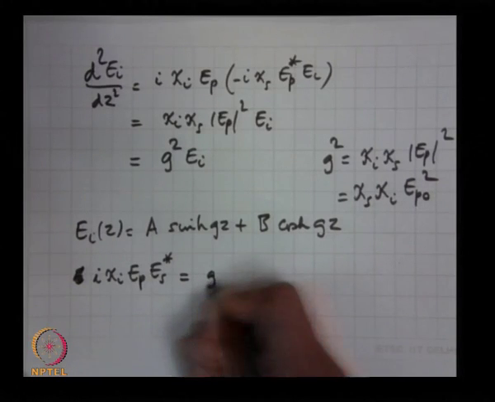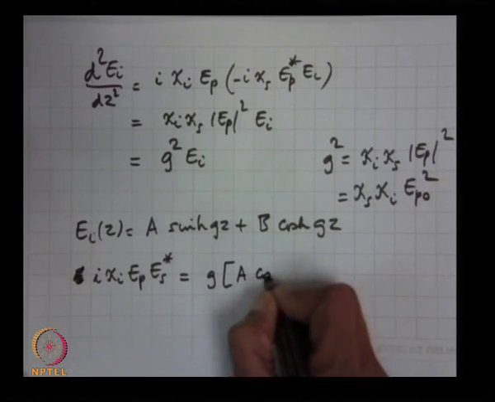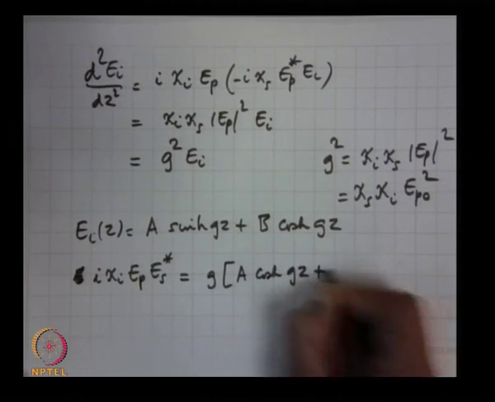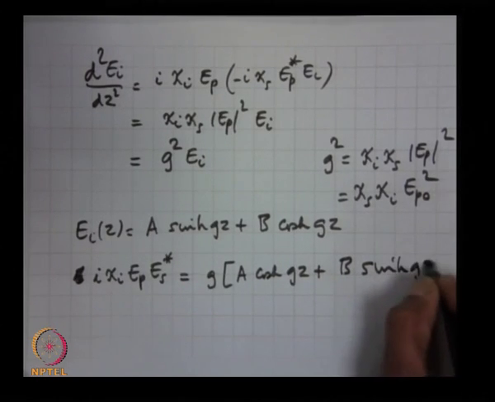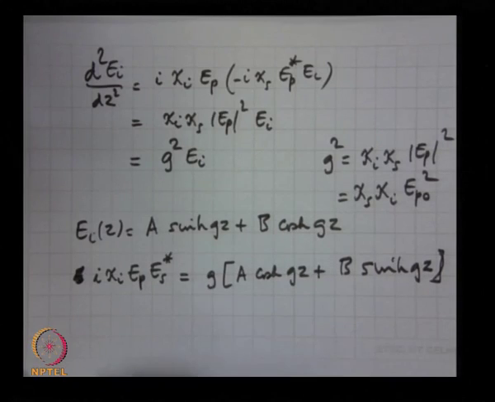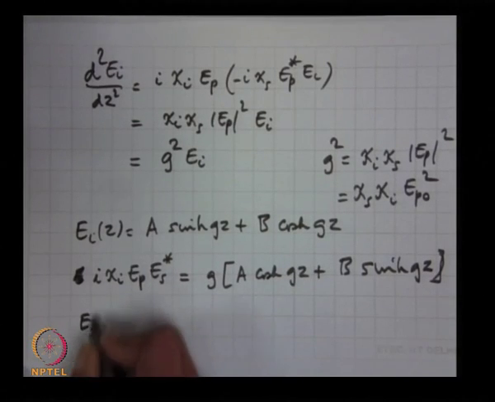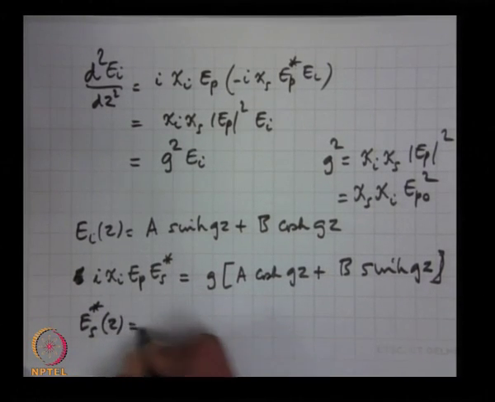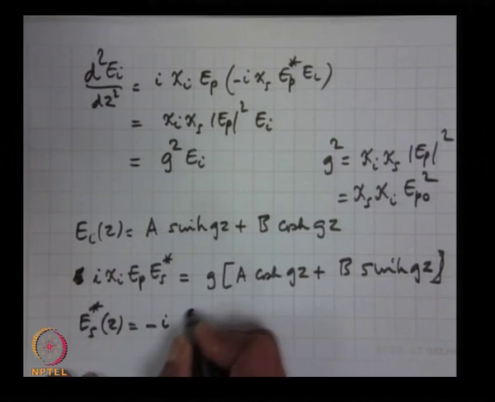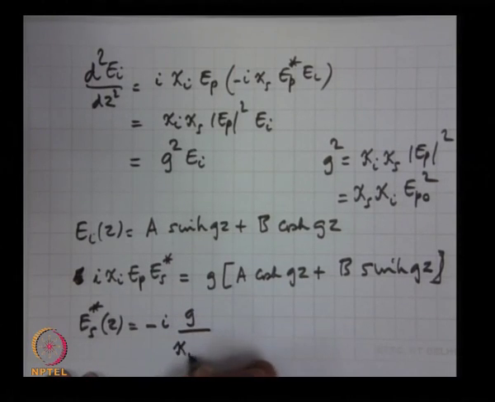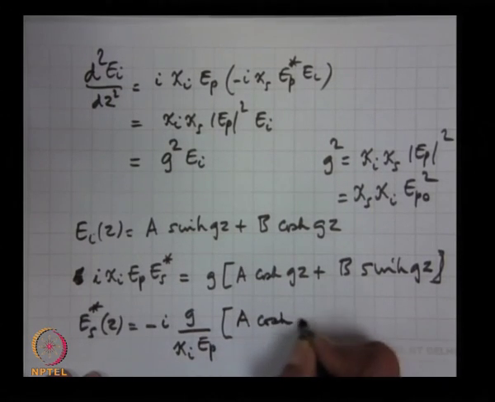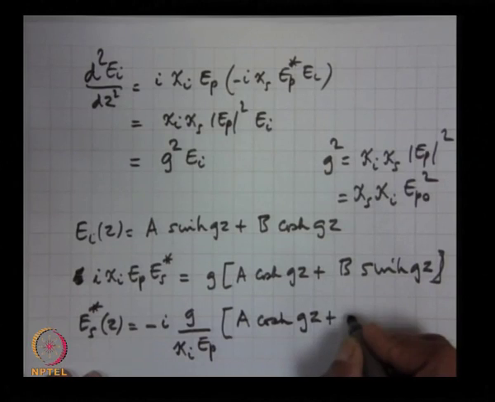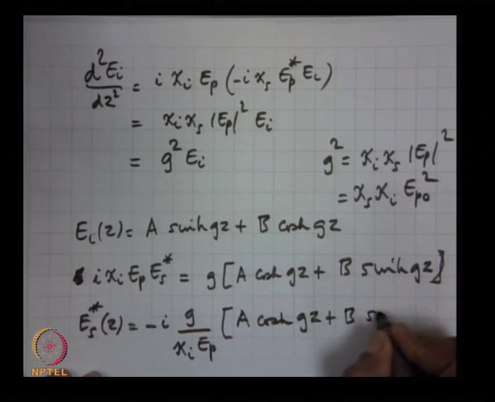So G times A cosh GZ plus B sinh GZ. So ES star of Z is minus i G by kappa I EP into A cosh GZ plus B sinh GZ.